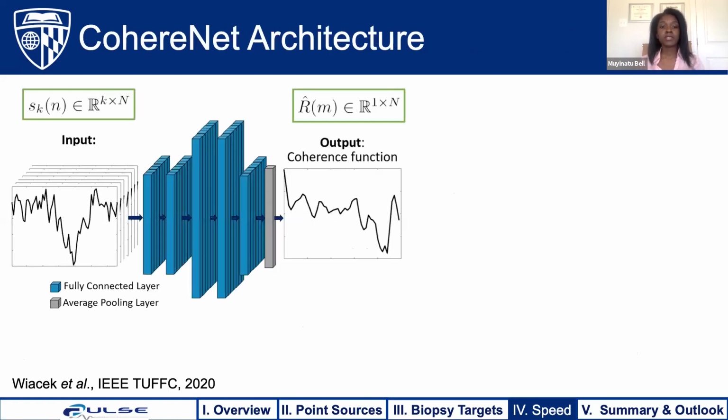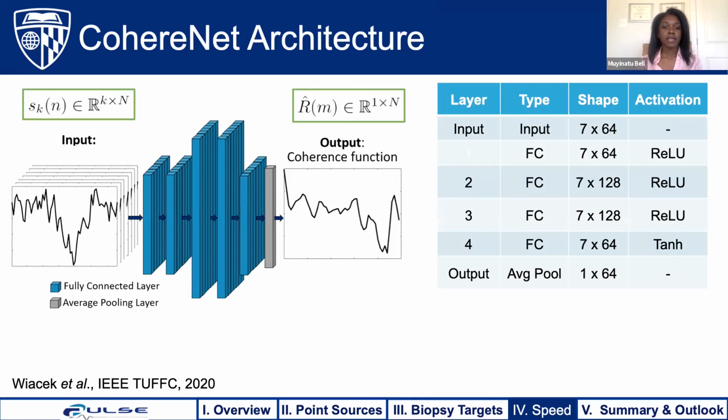So this slide shows you the Cohernet architecture in more detail. The network was modeled using fully connected layers to model the convolution process or the correlation process. The input is one kernel of channel data and the output is the coherence function, R hat. And the network has an input layer followed by 4 fully connected layers and an average pooling layer.